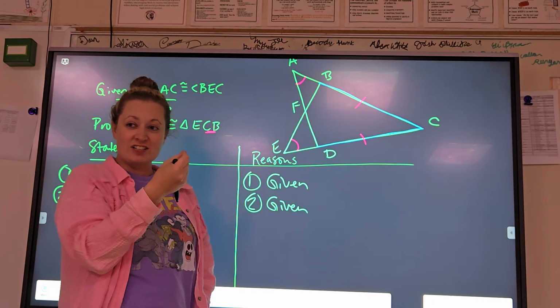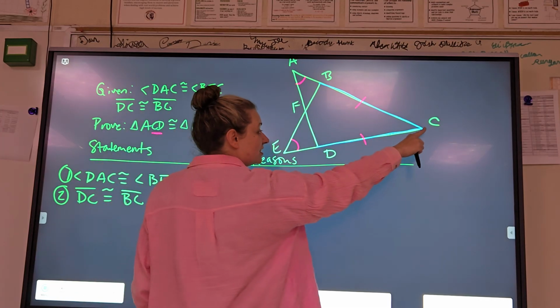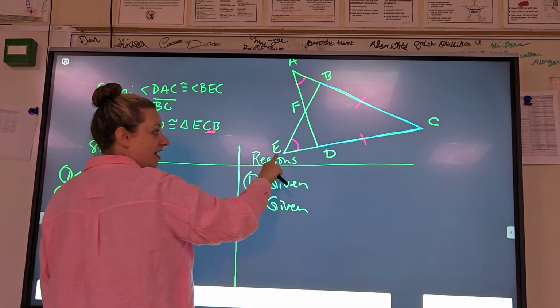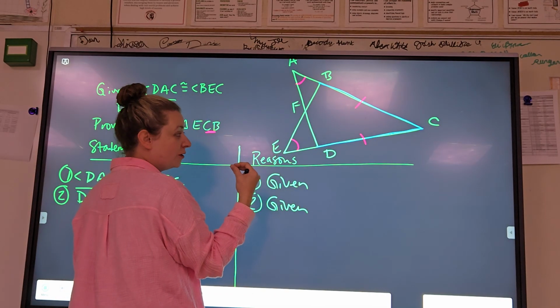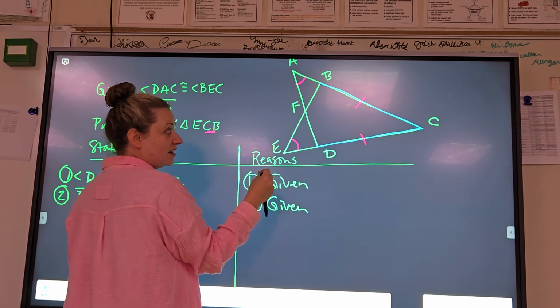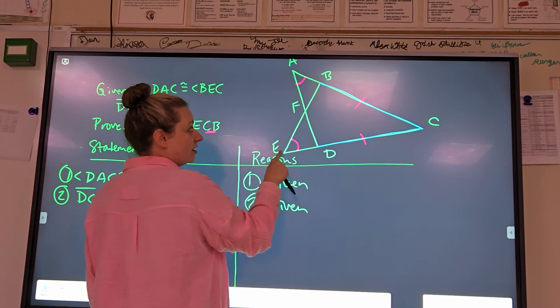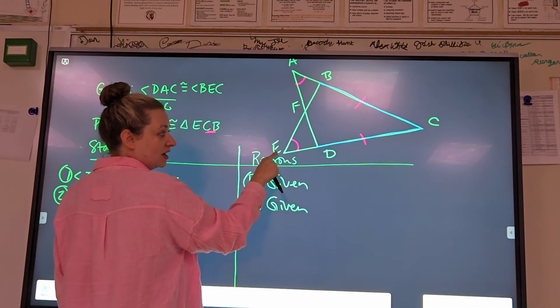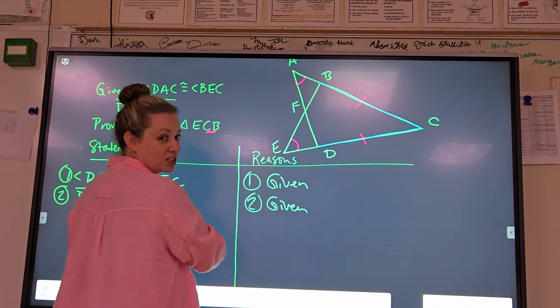But it kind of makes your eyes cross a little bit when you look at this because we want that to be part of a triangle that is congruent, a side that's congruent, but it's not. CE is a side of BEC, but that's not part that's congruent.